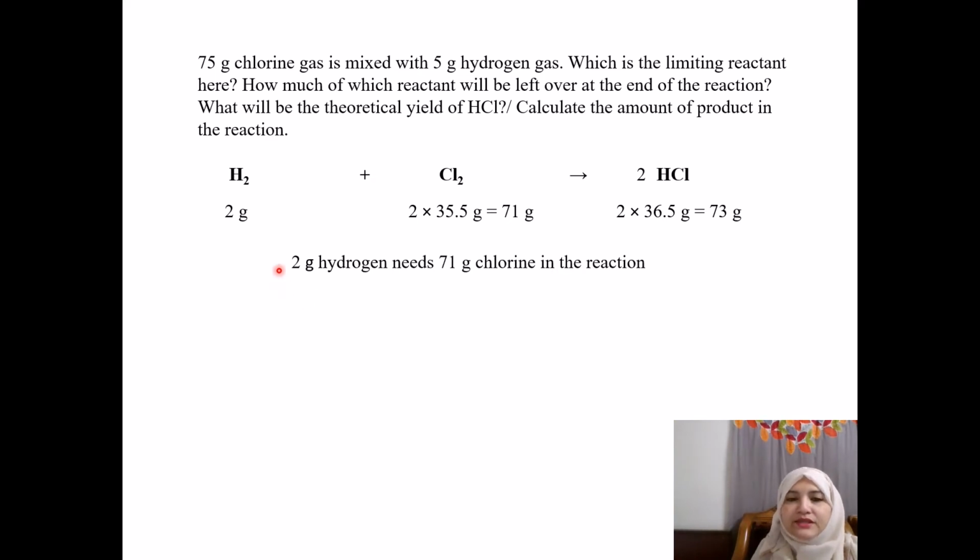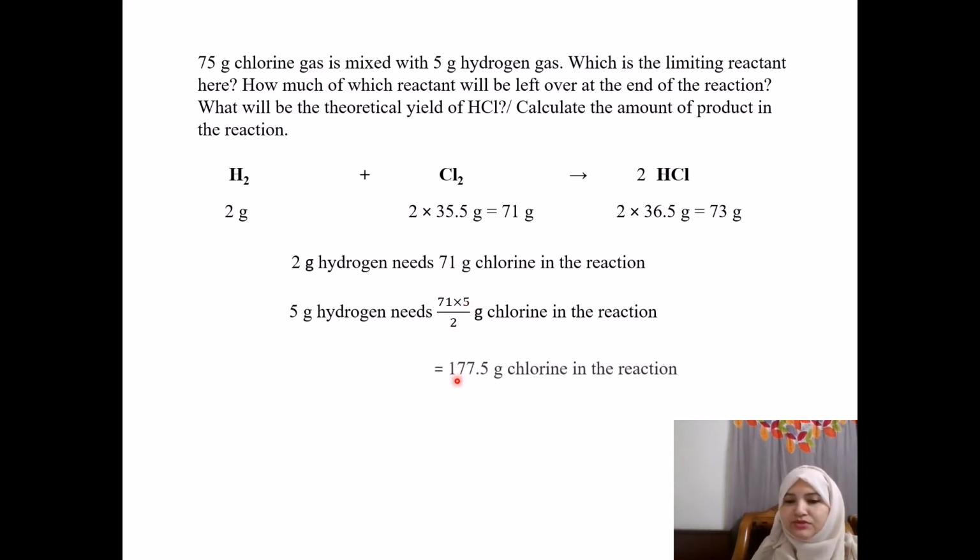Our given amount is 75 gram chlorine gas and 5 gram hydrogen gas. So we use 5 gram hydrogen gas. That means 5 gram hydrogen needs 71 into 5 by 2 gram chlorine in the reaction, and the amount is 177.5 gram chlorine.